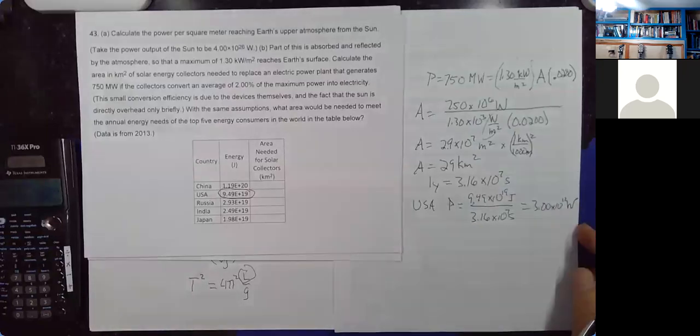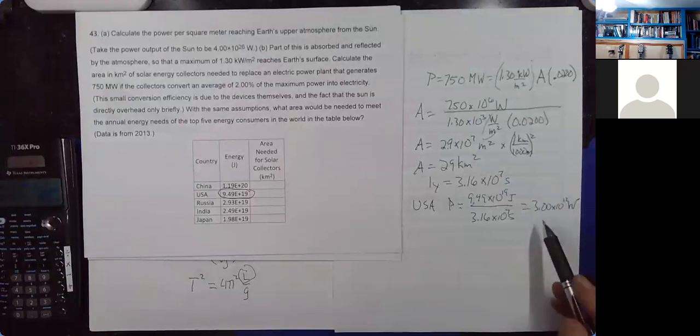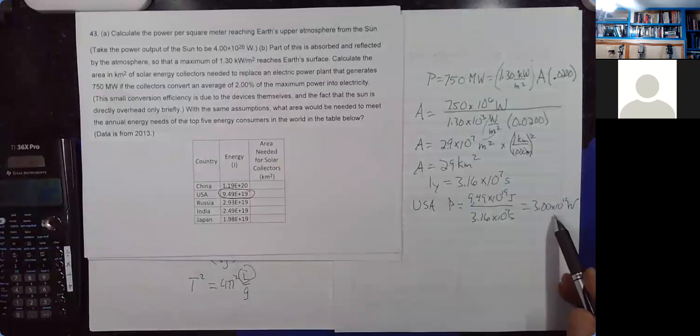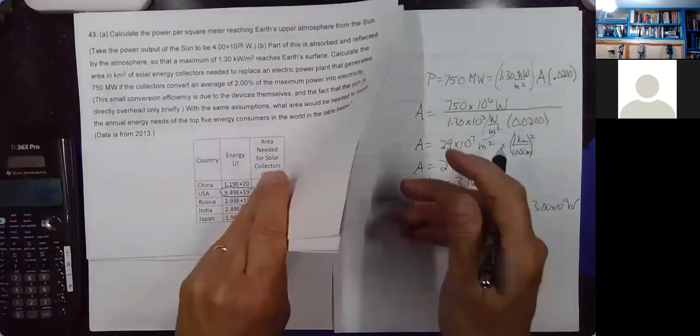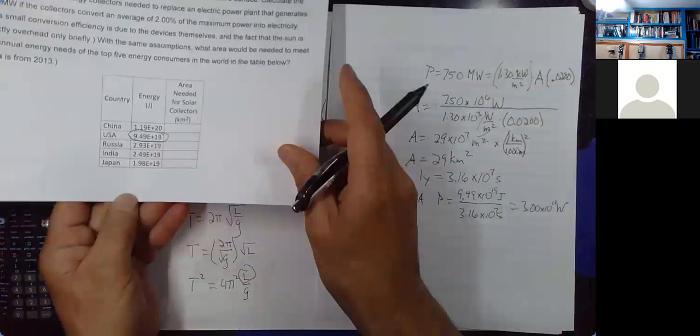So 10 to the 6th is mega, 10 to the 9th is giga, and 10 to the 12th is tera. I'm thinking of computer memory. So this would be 3.00 terawatts is actually what the units happen to be. Not that we need to know that, but we can figure out the area that we're going to need.